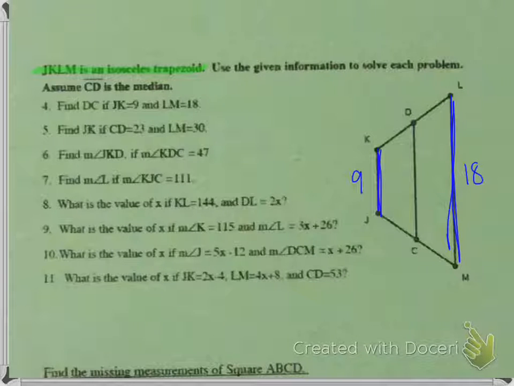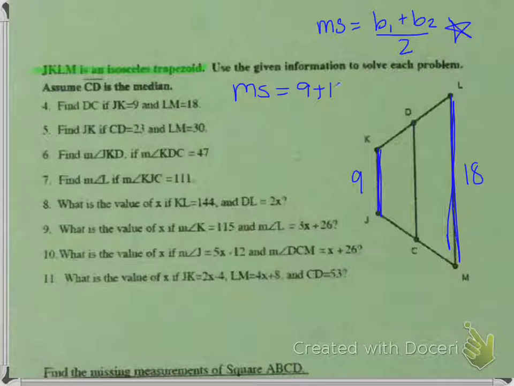Okay, well, with trapezoid, you have a formula called the mid-segment theorem, which says the mid-segment equals base 1 plus base 2 divided by 2. This is something that you should have memorized for your test. Okay, so what we're going to do is take our two bases, add them together, and divide by 2.